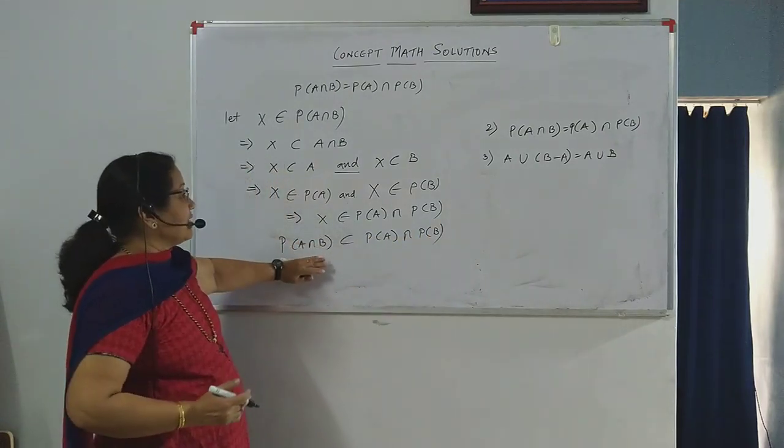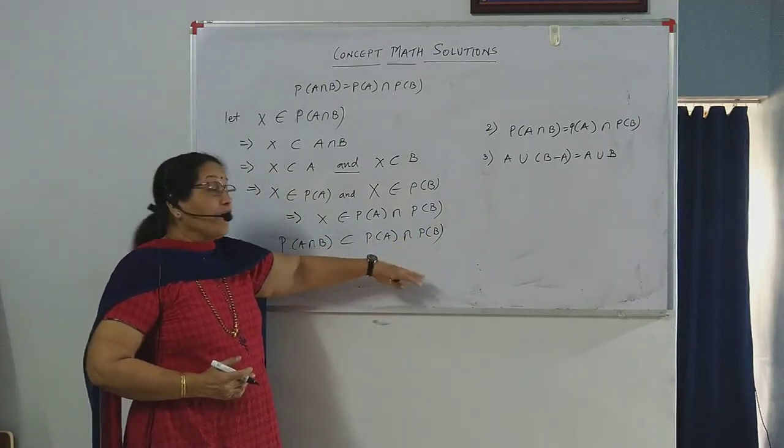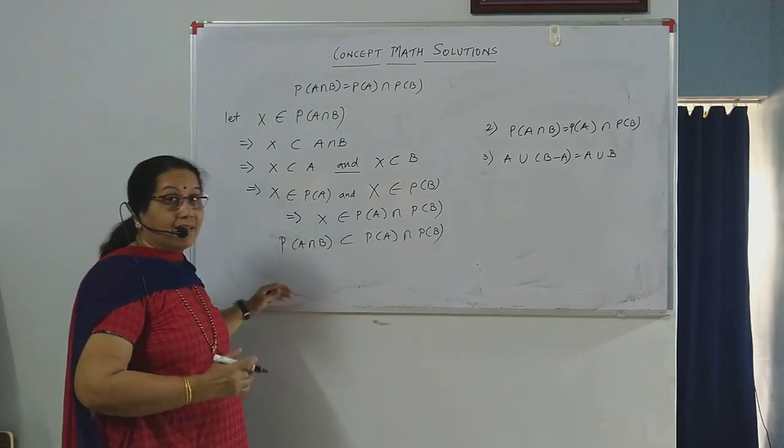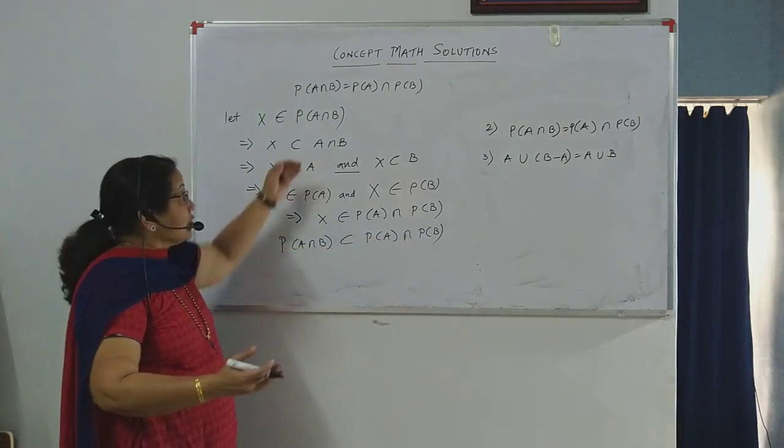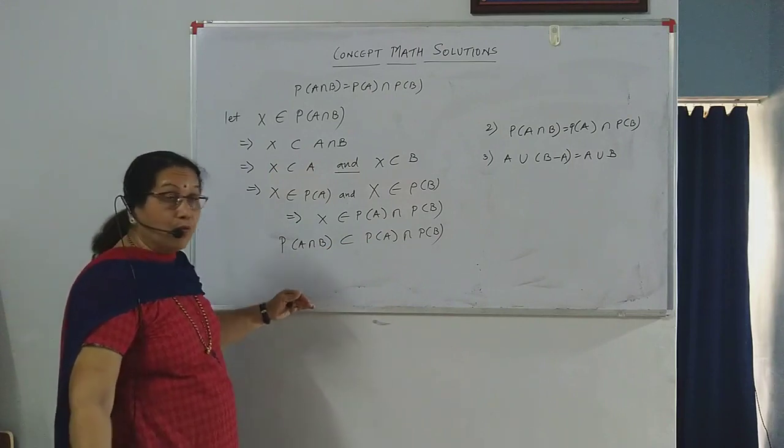Now I have shown the first part is a subset of the second part. If I show the second part is a subset of the first part, that means they become equal, right? So this is half part of our proof.